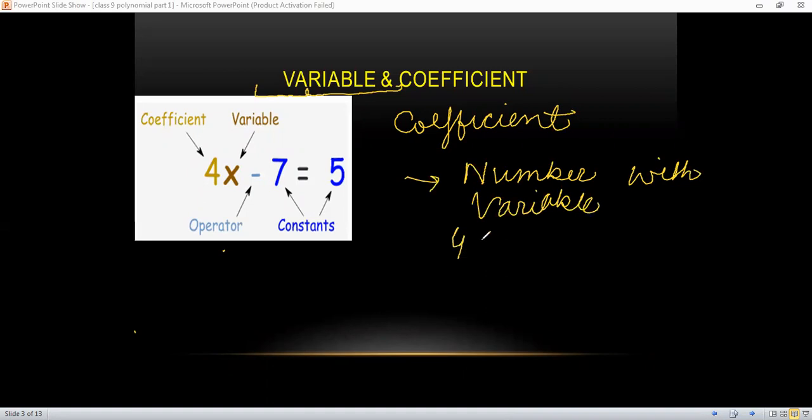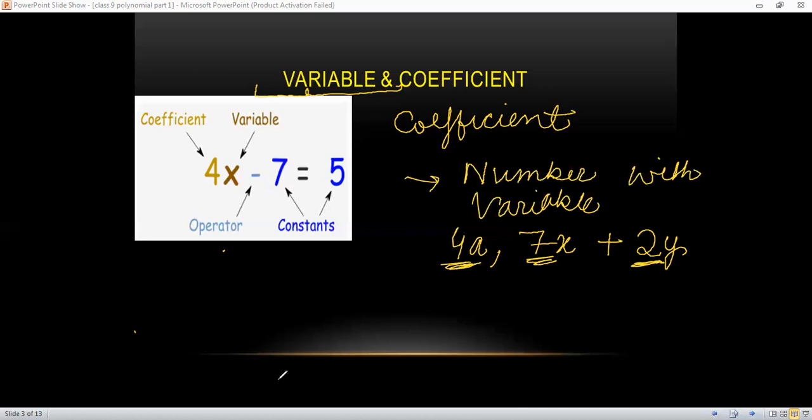Suppose if I write 4x, 7x plus 2x, here this 4 is coefficient, this 7 is coefficient, this 2 is coefficient with variable.